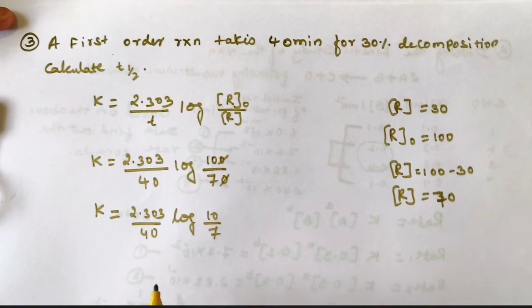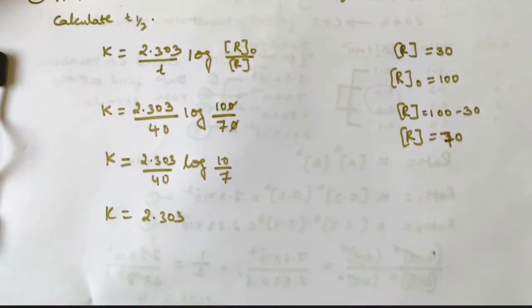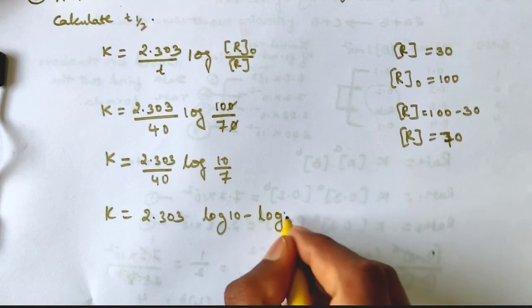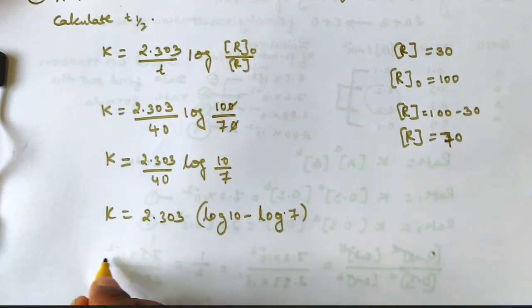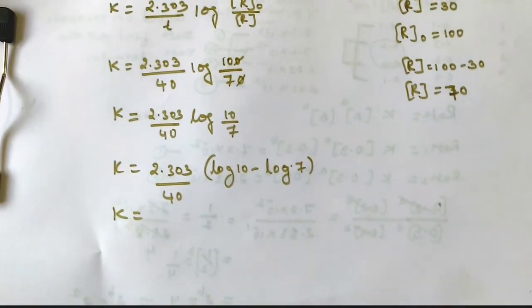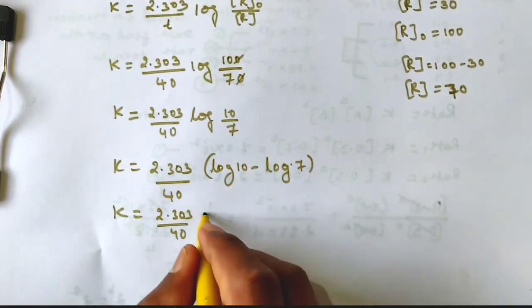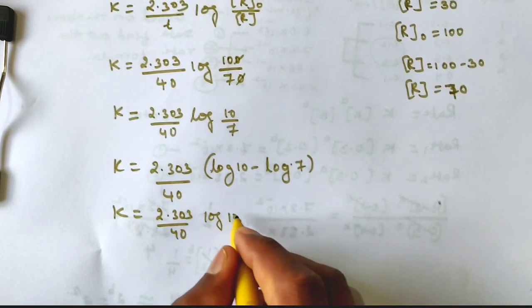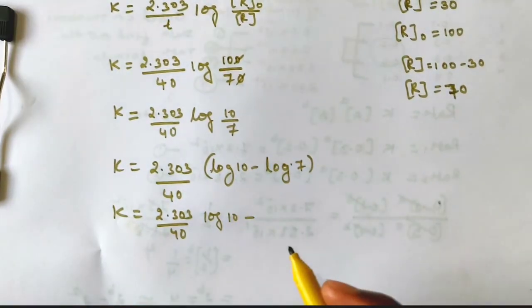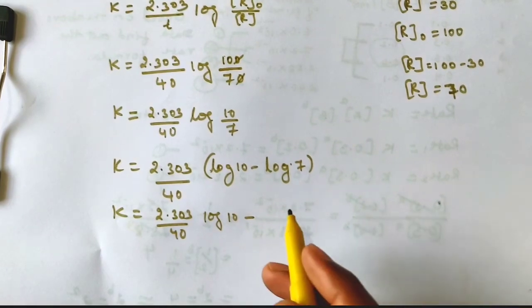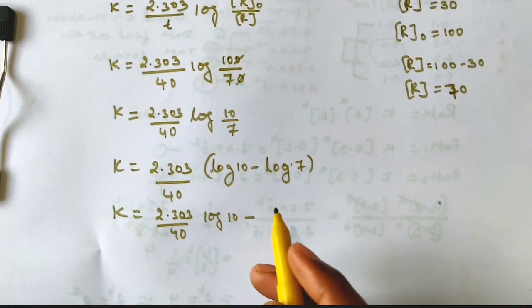So this can be written as k is equal to 2.303 upon 40, log 10 minus log 7. Log 10 value is 1, so just keep it as it is. Log 7 is there, so log 7 we will be getting only one digit, it will be 1.47.